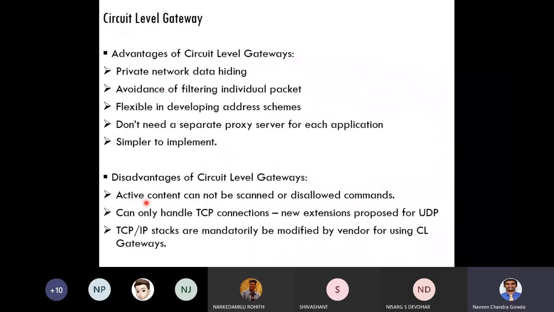Try to understand my point. Any packet you talk about will have control signals and data signals. Whenever you talk about transmission, there is data transmission and control transmission.